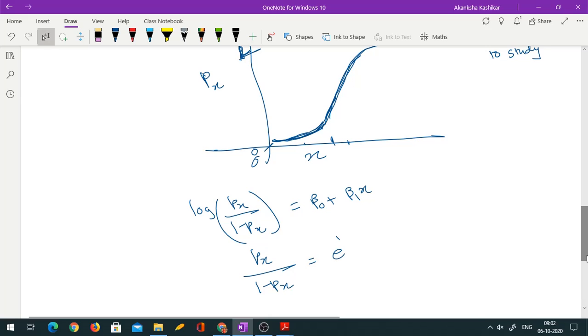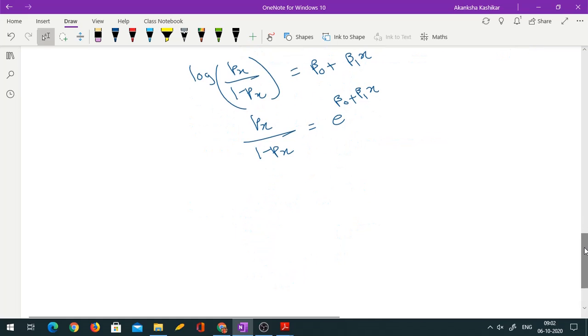So I can try to see what this is in terms of p(x). So p(x) upon 1 minus p(x) becomes e raised to beta naught plus beta 1 x. So this becomes p(x) equal to e raised to beta naught plus beta 1 x minus p(x) e raised to beta naught plus beta 1 x.